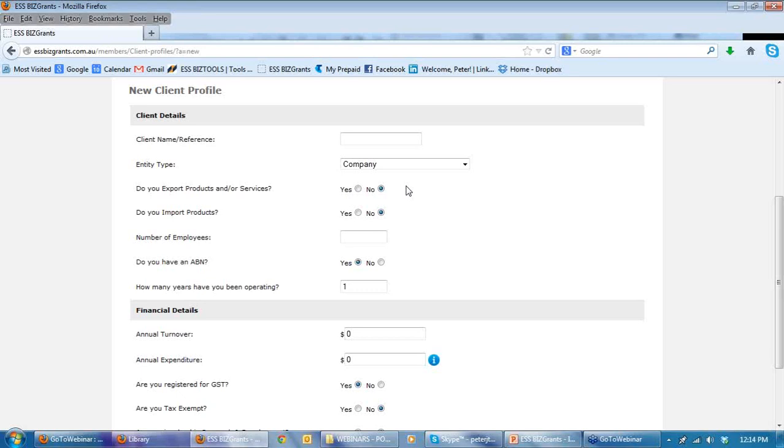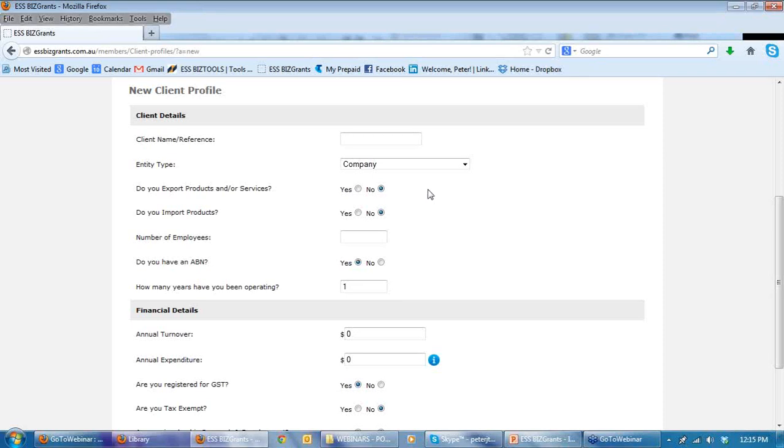And also in our second version of ESS BIZGrants, which we will be introducing before June 30, the system will identify to you for any clients who are already listed in ESS BIZGrants if there has been any new grants included since you last looked at it that might be suitable for this client. So that's one of the real reasons for leaving the data in.